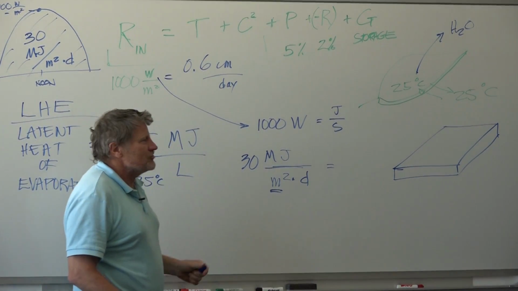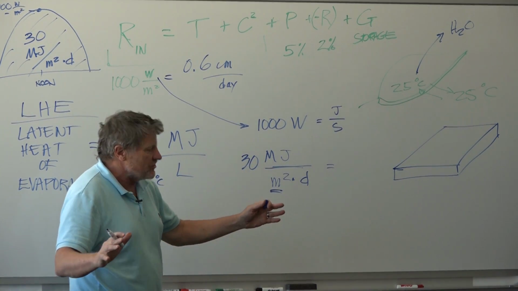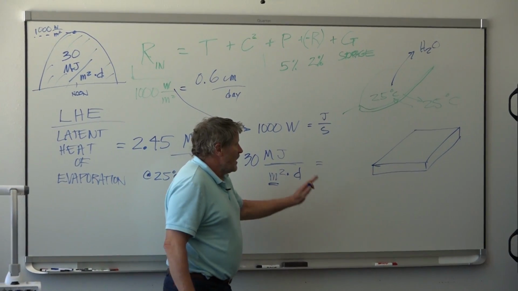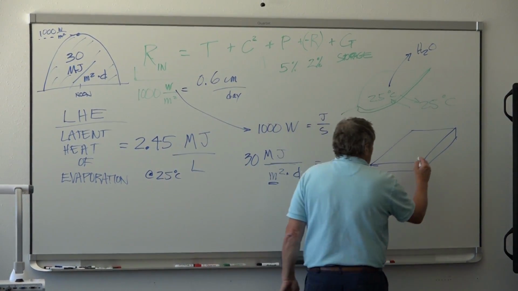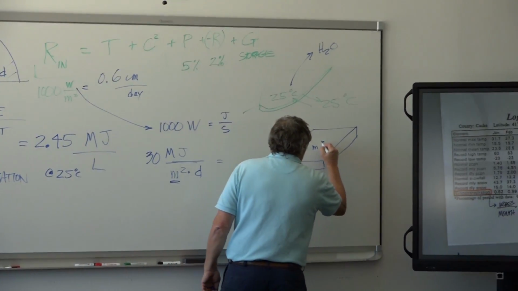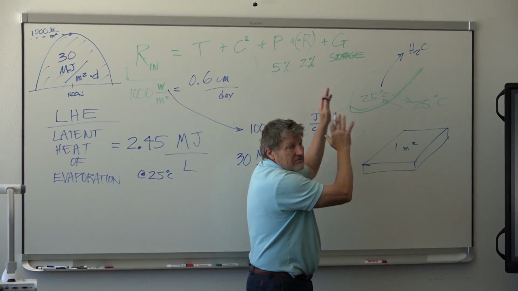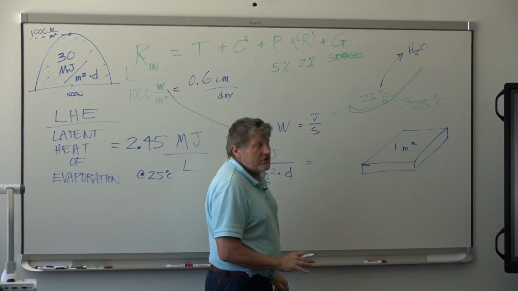We should sell 1 meter squared cookie sheets for teaching purposes, because you could lay them out and you could put water in them. And this is 1 meter squared, our reference sheet. The radiation is coming in to that 1 meter squared.